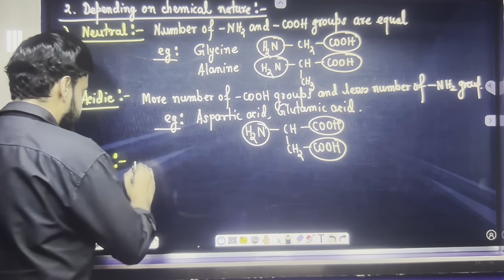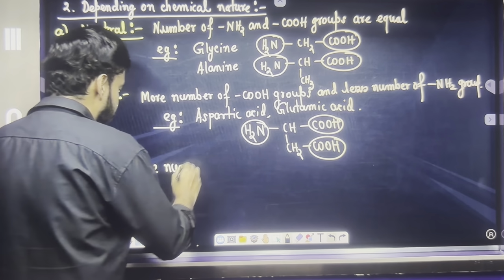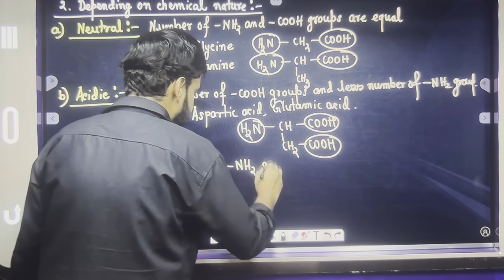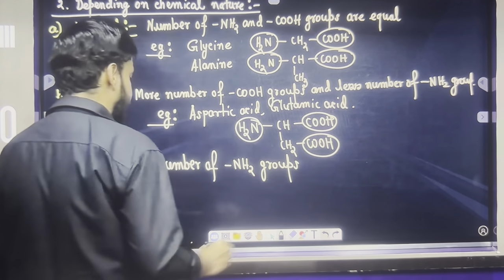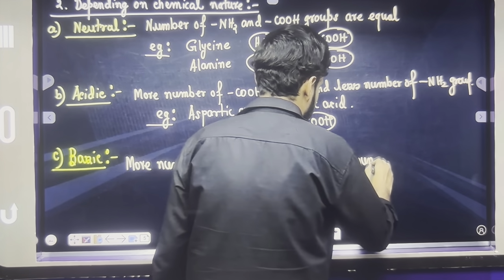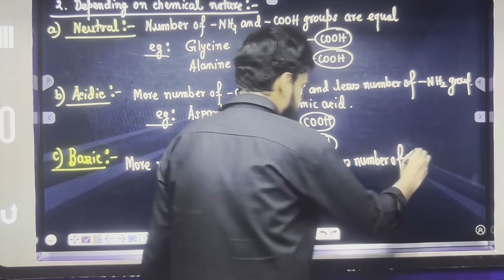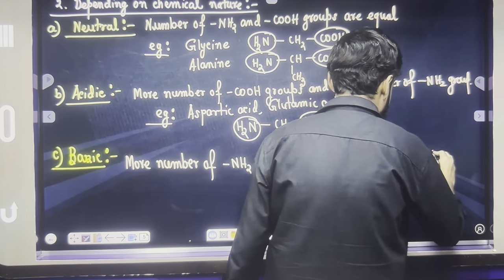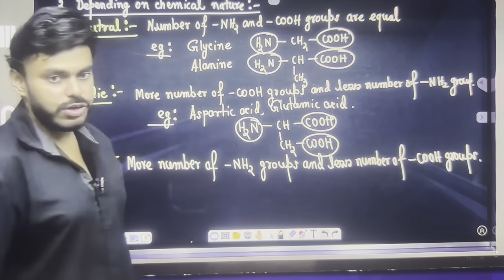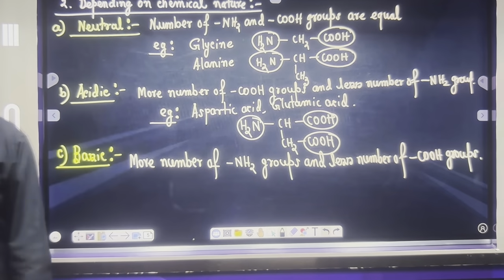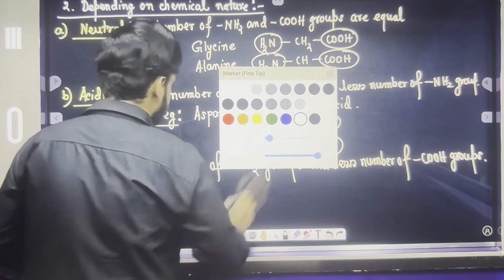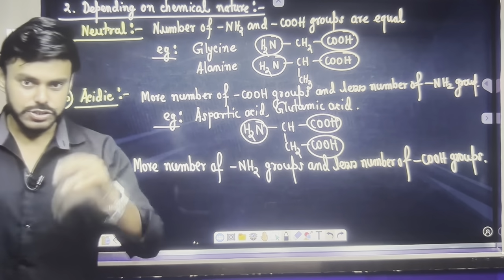So what we can write: more NH2 groups and fewer COOH groups. Many examples are there. So depending on the chemical properties, acidic, basic, neutral, amino acids can be classified in distinct categories. Okay, so let's move forward.